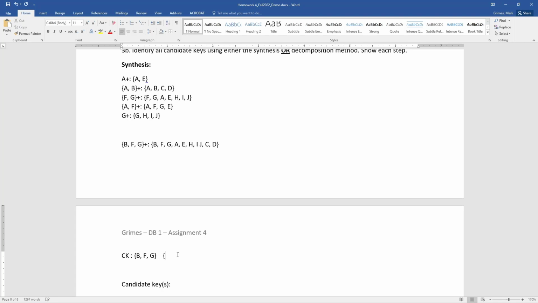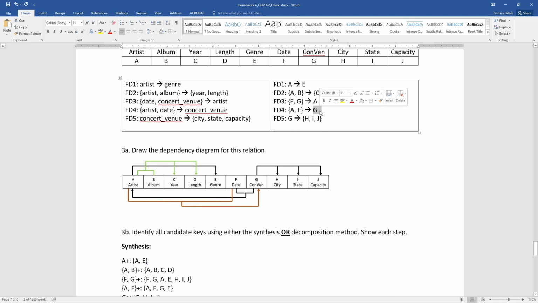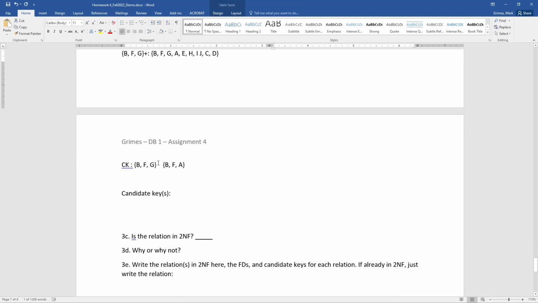So B, F, A, F. We don't need the other F because we've already got that here. So BFA would be another candidate key because FA functionally determines G. So BFG and BFA.